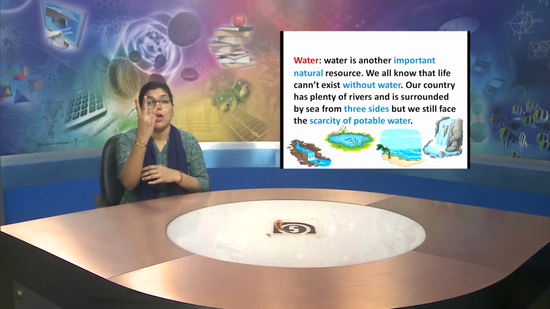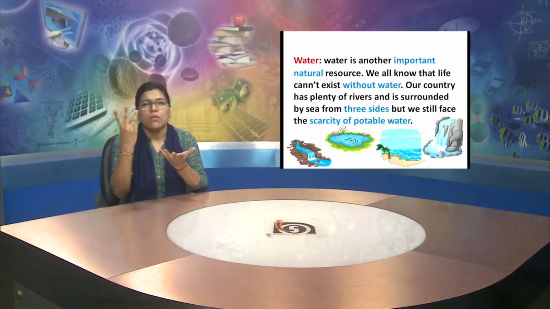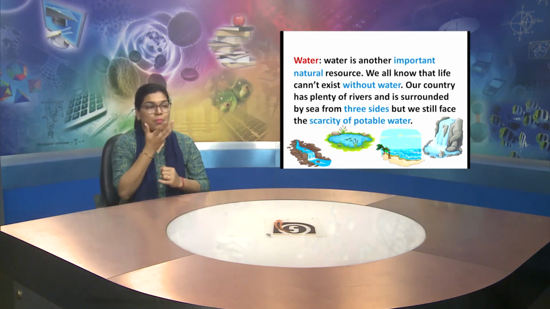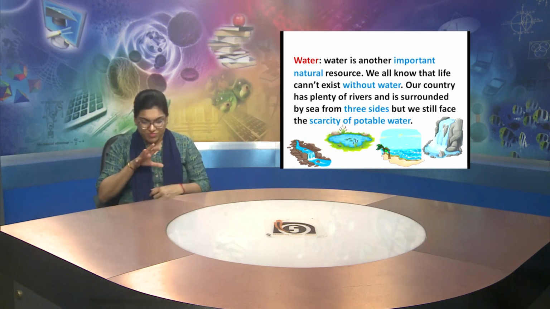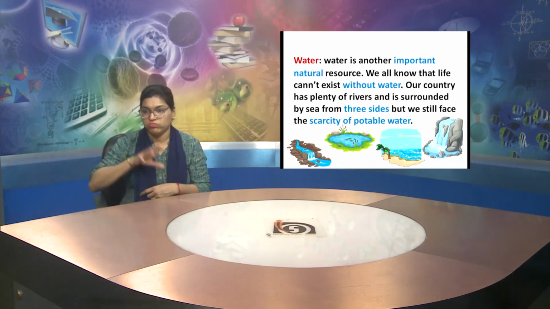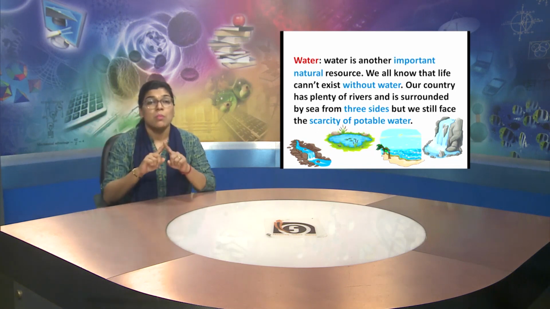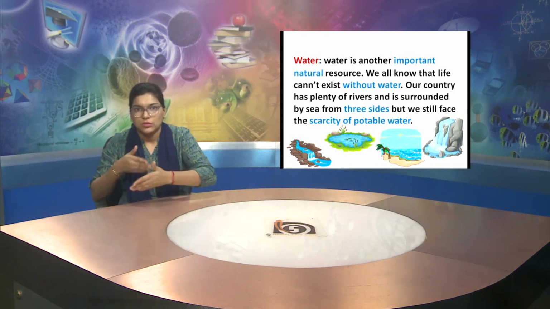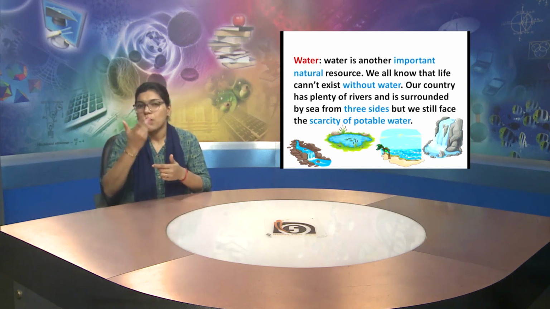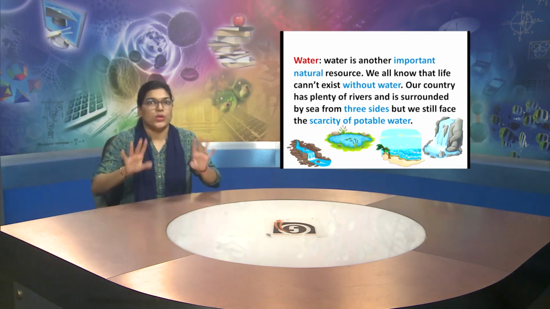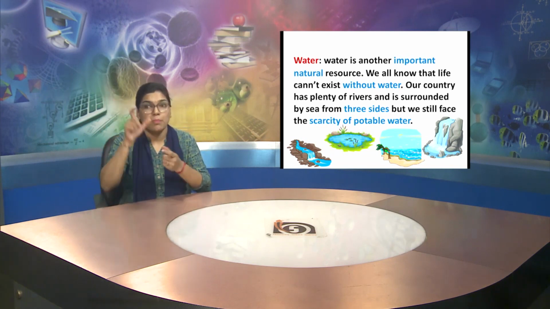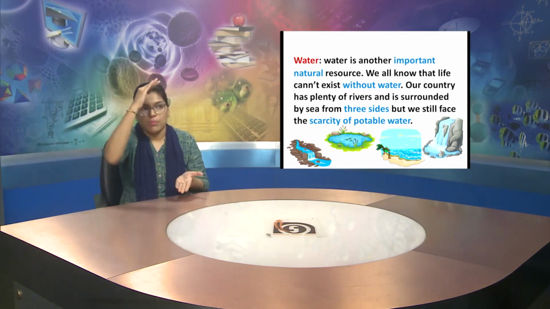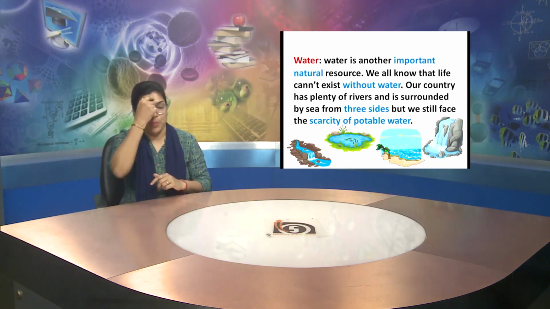Our country has plenty of rivers, and also it is surrounded by sea on 3 sides, if you see it on a map. But still, we face a lot of scarcity of potable water. It's a big problem.